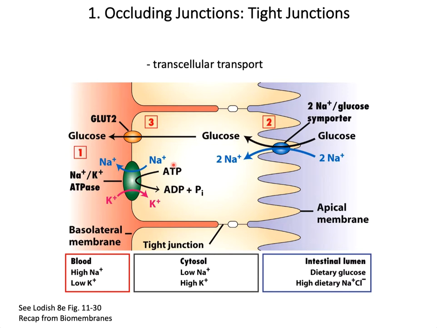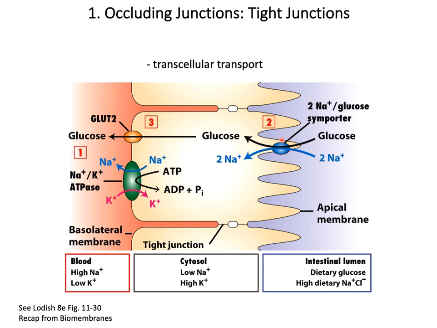The first, labeled as number 2, is a sodium glucose symporter. Remember, this is a coupled transporter, and this symporter can move glucose against its concentration gradient while moving two sodium ions down their concentration gradient. So remember, this pump utilizes the energy stored in the sodium gradient to move glucose against its concentration gradient, just like a revolving door.